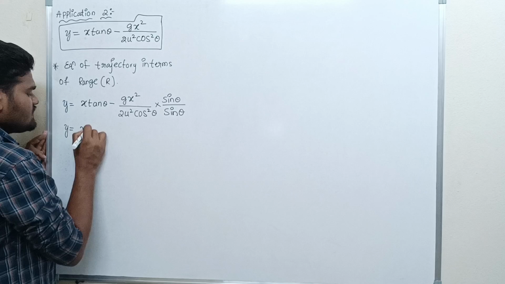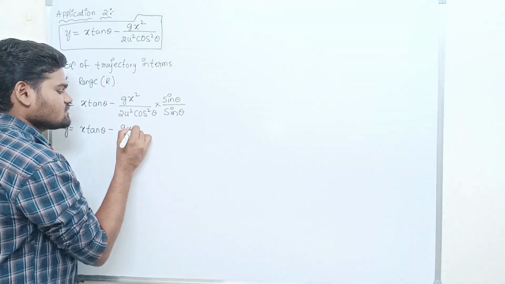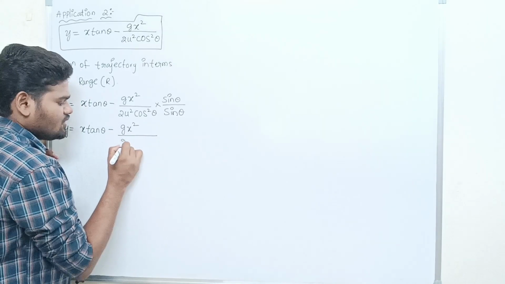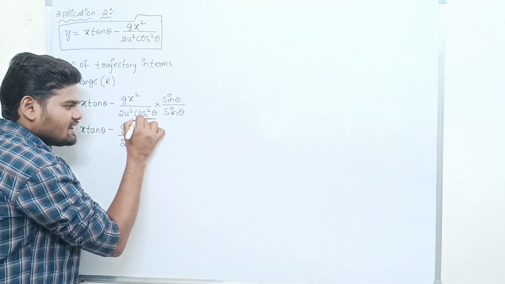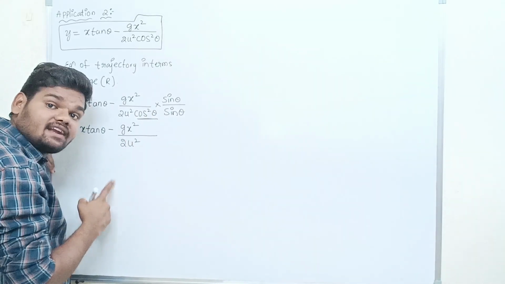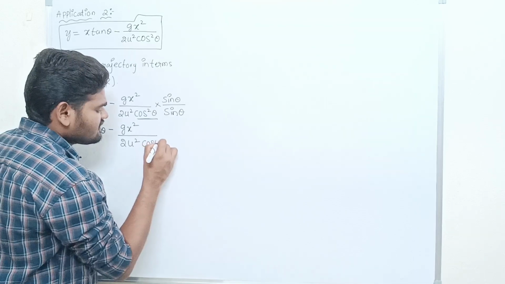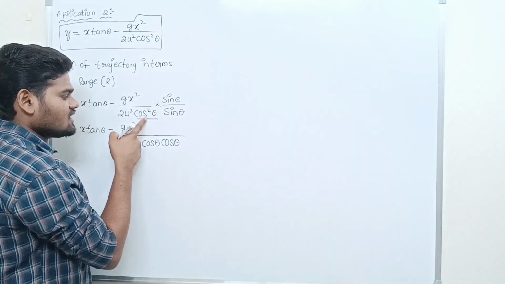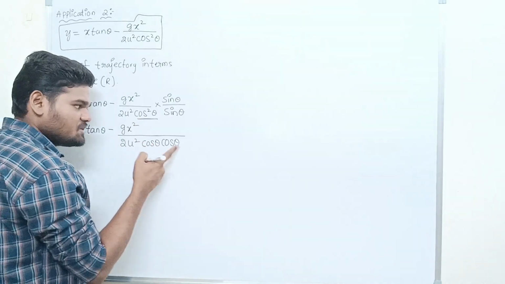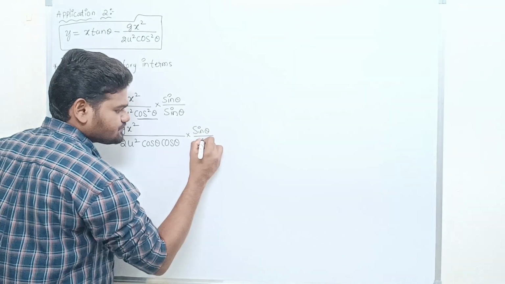So y is equal to x tan theta minus gx square divided by 2 into u square, and here cos square theta is there. I am just writing cos square theta as cos theta into cos theta, and as cos theta into sin theta divided by sin theta.